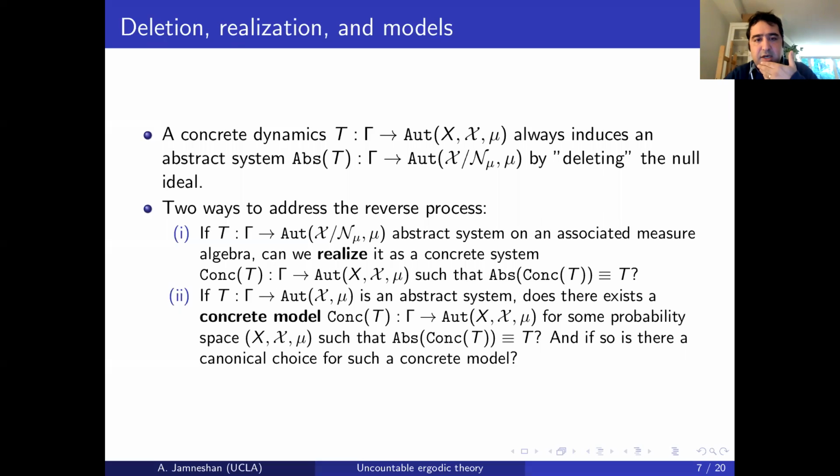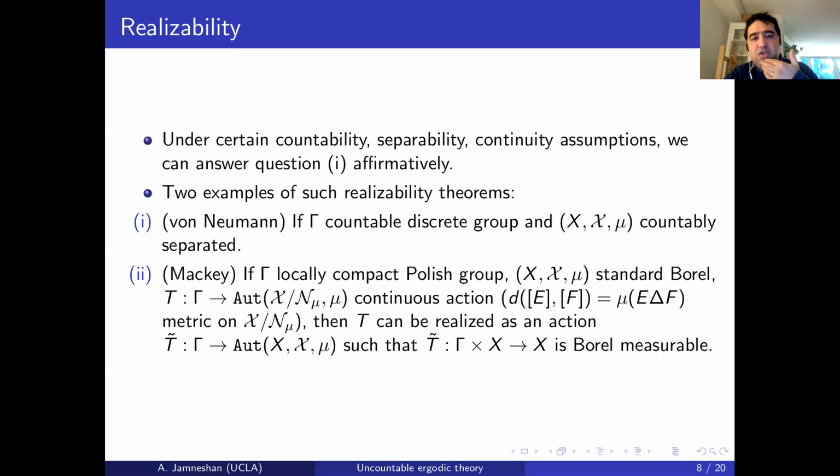So let's start with the first question. Unfortunately, the first question cannot always be answered positively. That only works under certain countability or separability and even continuity assumptions on the action. And there are two well-known answers to this.